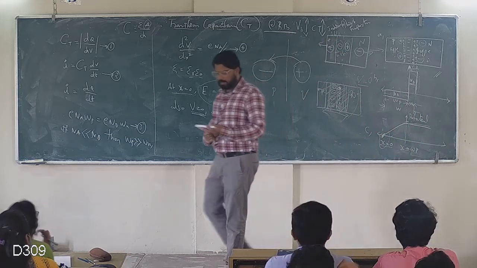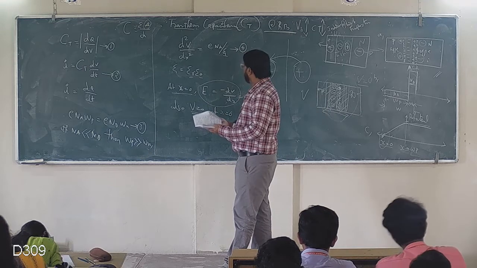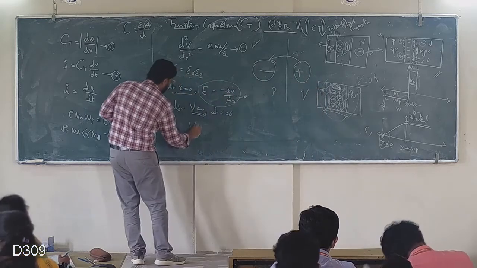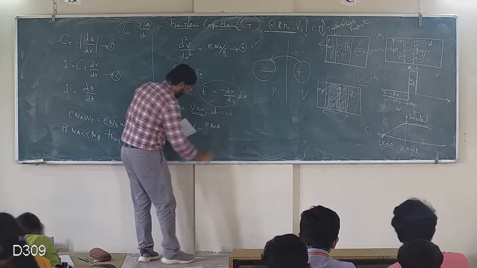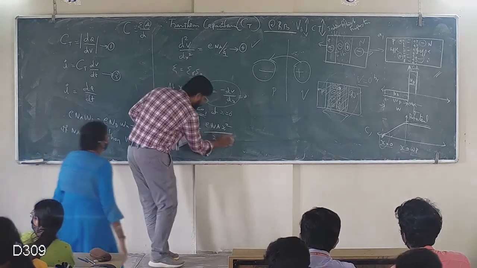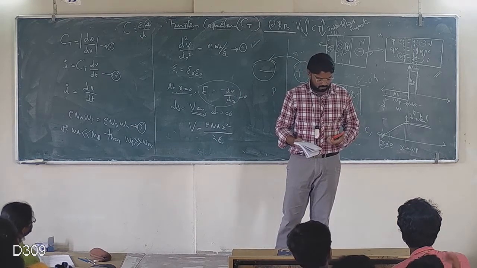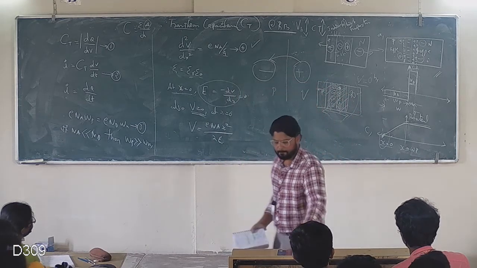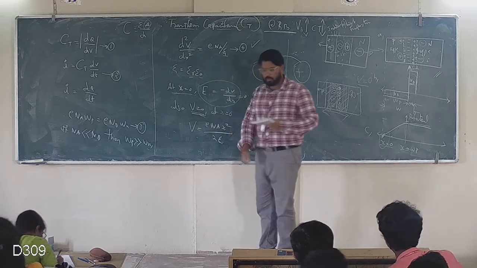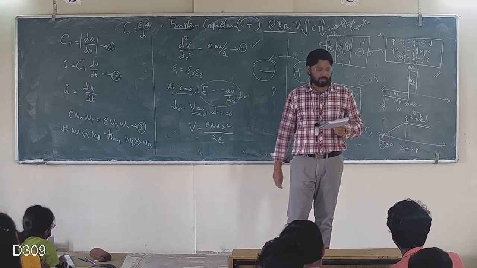Next slide. Integrating equation 4, we get V equal to e N A x square divided by 2 epsilon.